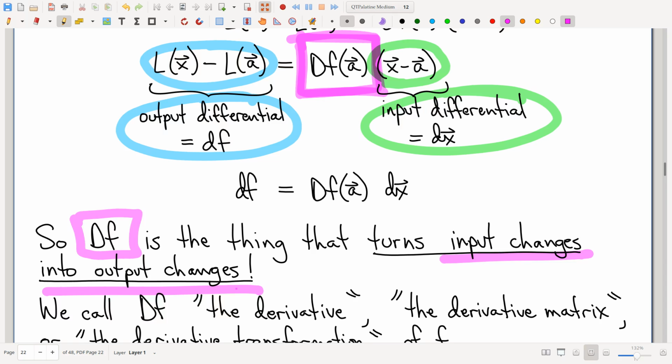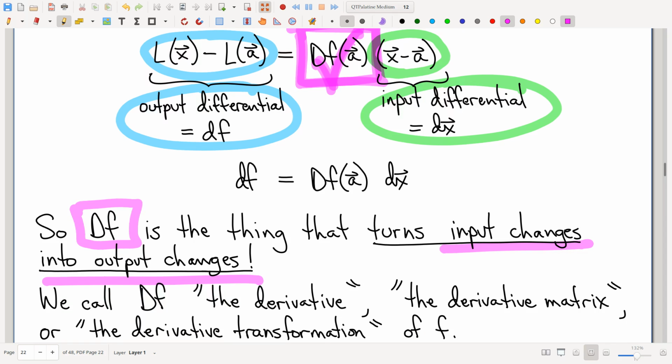All the different kinds of derivatives we're going to talk about in this class, yeah, they're different and they do different things in different contexts and different ways, blah, blah, blah. But they all relate input changes to output changes. And what we're seeing here is that is exactly what df does. So I nominate, I think this is very reasonable, and by the way, this is very standard, that this is what we should call the derivative.